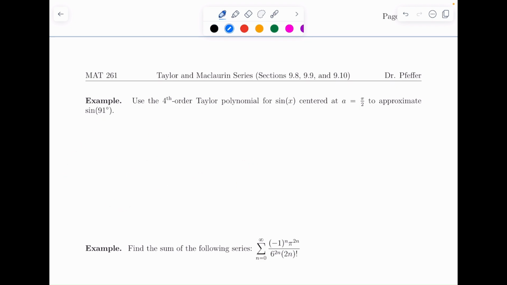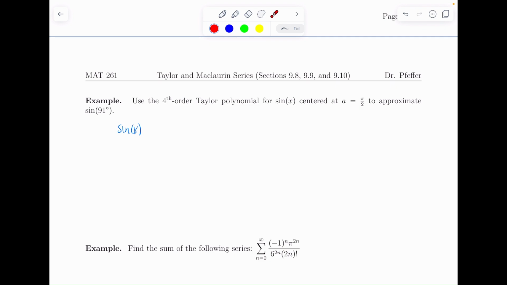What if we did some algebraic shenanigans? For example, sine of x, I want to center it at pi over 2. If I want to take sine of x and center it at pi over 2, I could just do a phase shift. And if I did a phase shift, that could be really, really useful.